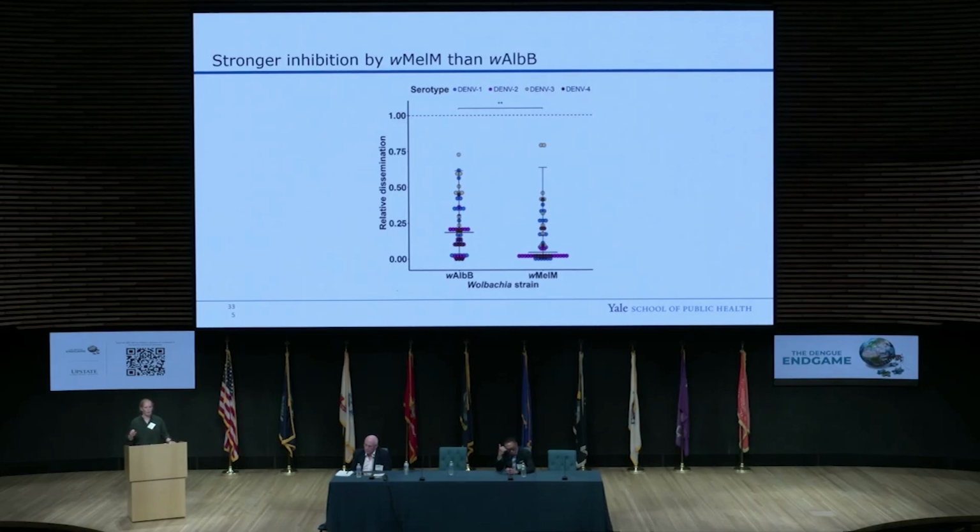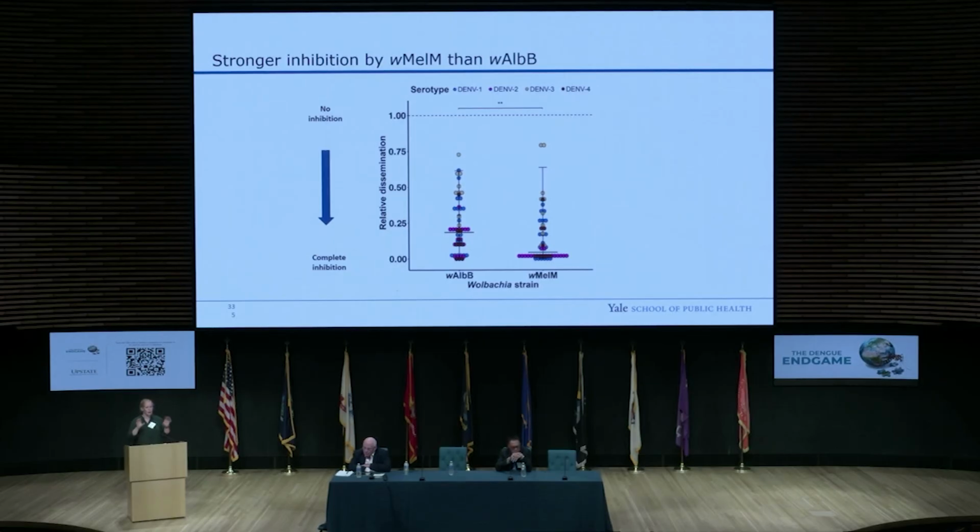Basically, we do relative dissemination as compared to wild type. Meaning that if your relative dissemination is 1, then in presence of either of the Wolbachia strains, your dissemination is basically equal, so there's no inhibition. If the value is 0, it means complete blocking as compared to wild type.